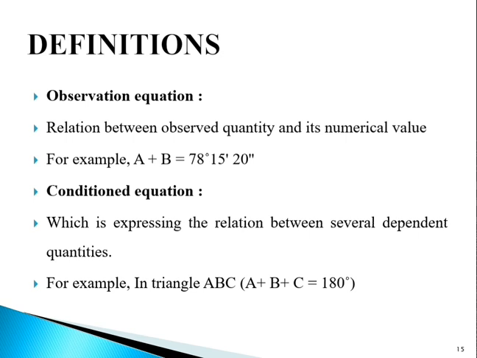A condition equation is the equation expressing the relation between several dependent quantities. For example, in a triangle ABC, A plus B plus C is equal to 180 degree is a condition equation.